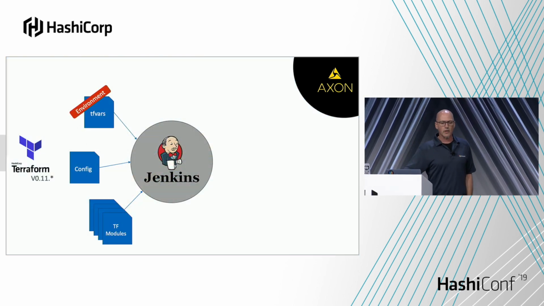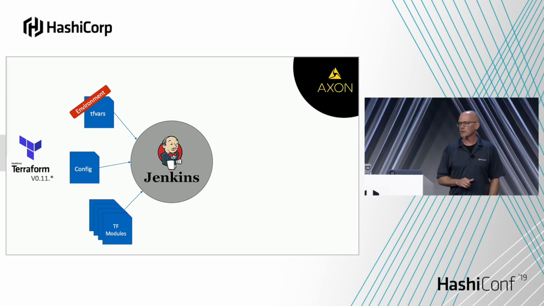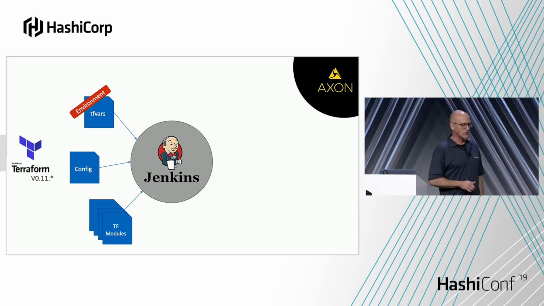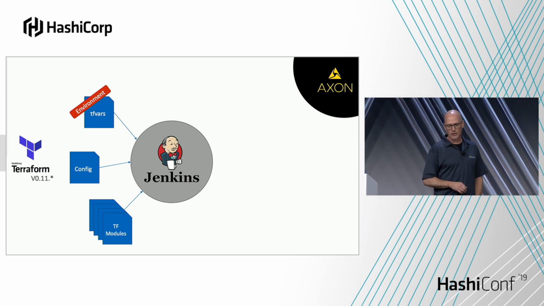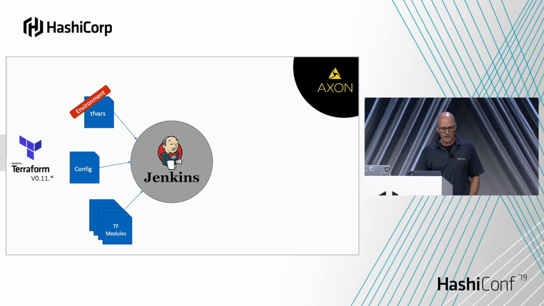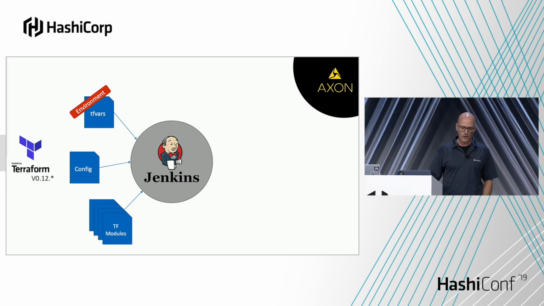So let's talk a little bit about what their environment looks like. I'll show you conceptually here real quickly, and then show you some pieces of the code. They started out a couple of years ago on 0.11. Their new services are moving to 0.12.